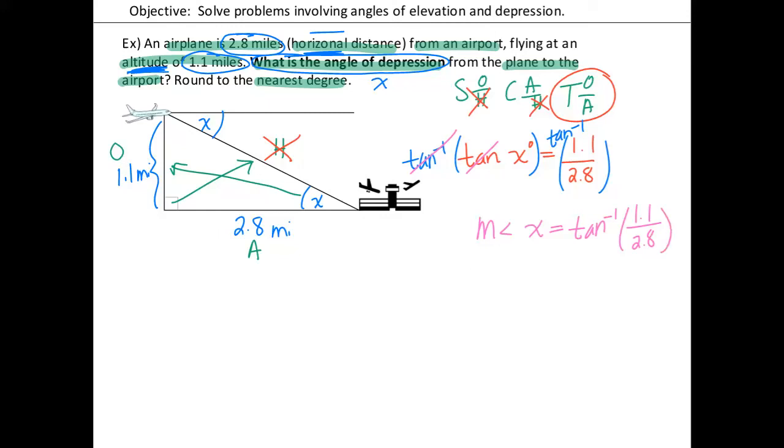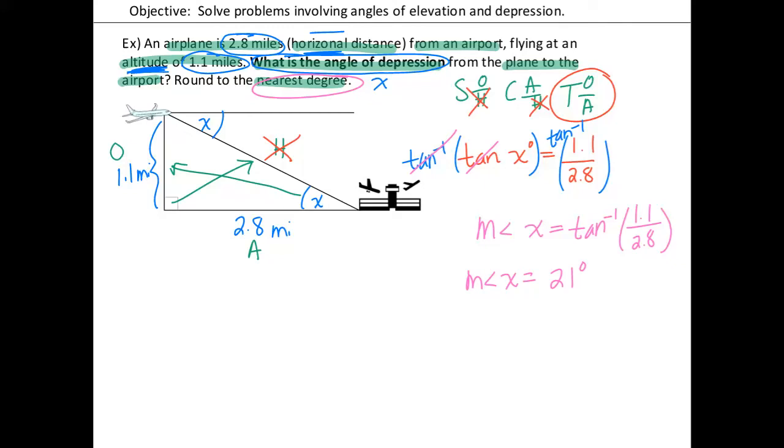And then we're going to grab our calculator to plug that in. On the classroom calculators, you're going to do second tangent, and we go 1.1 divided by 2.8. Close your parentheses and press equals. You should get like 21.4, but it's asking us for the nearest degree, so 21.4 is going to be rounded off to 21 degrees.